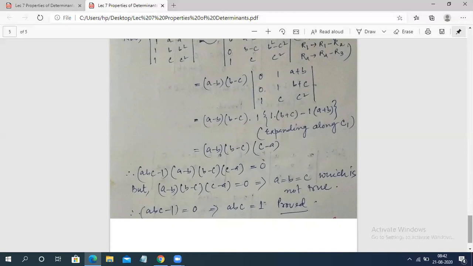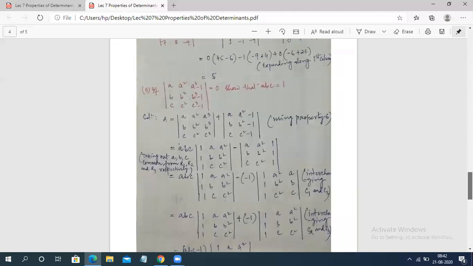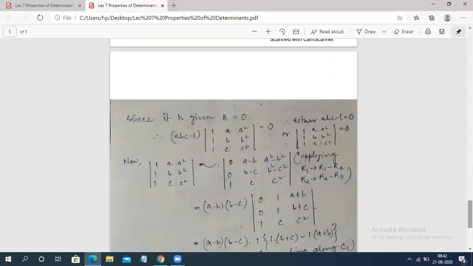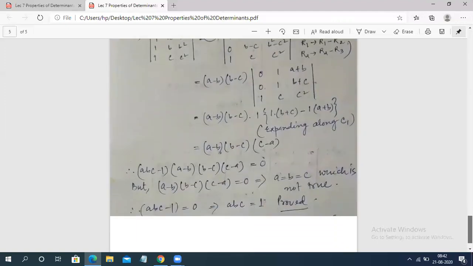It means you have this term equal to 0. We have discussed here that either abc minus 1 equals 0 or this equals 0. Since this cannot be equal to 0, abc minus 1 equals 0. That means abc is equal to 1.